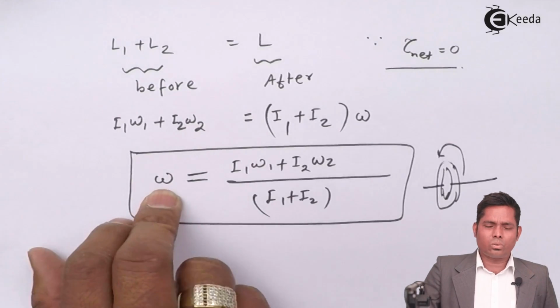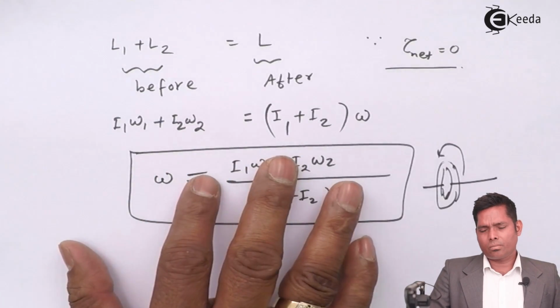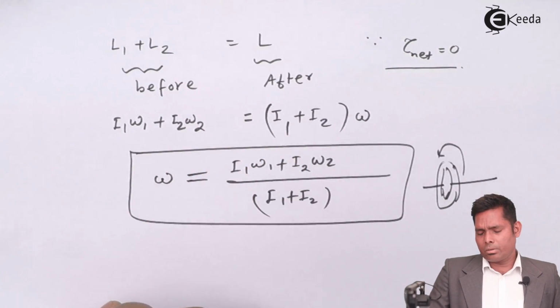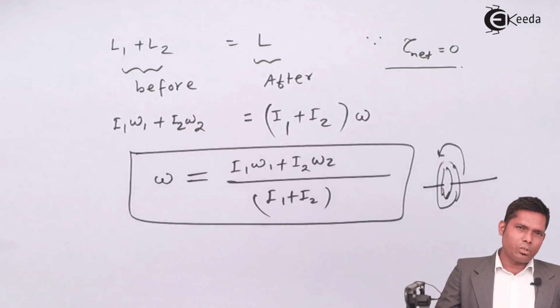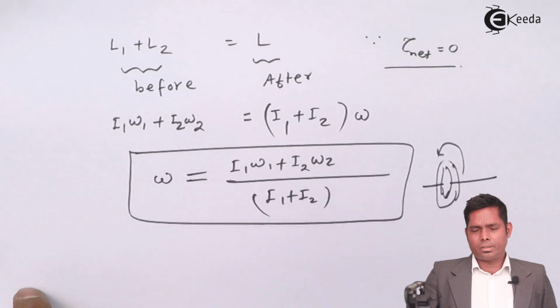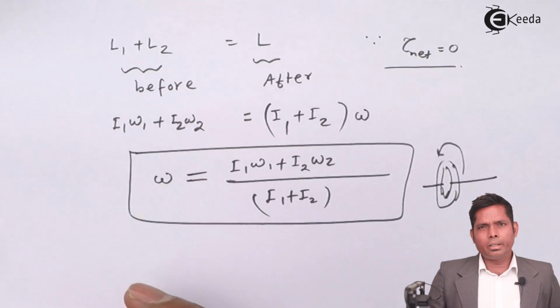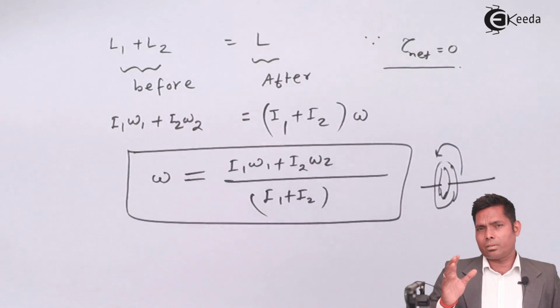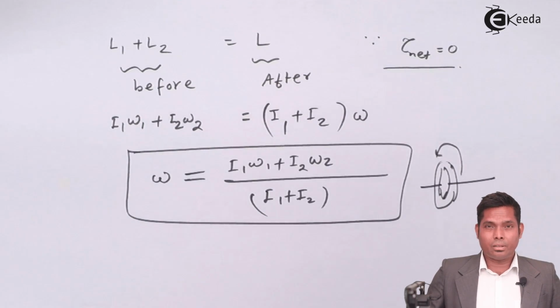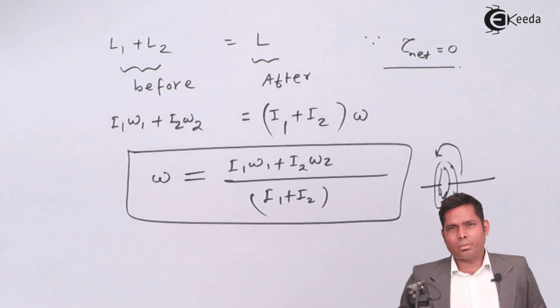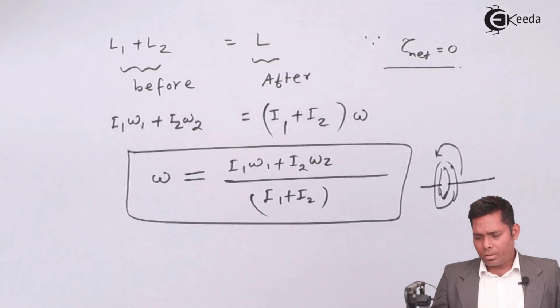In this situation also you can use this equation, but then you have to keep in mind that individually you have to find the angular momentum of the system of the disk and the wax before and after they are together.